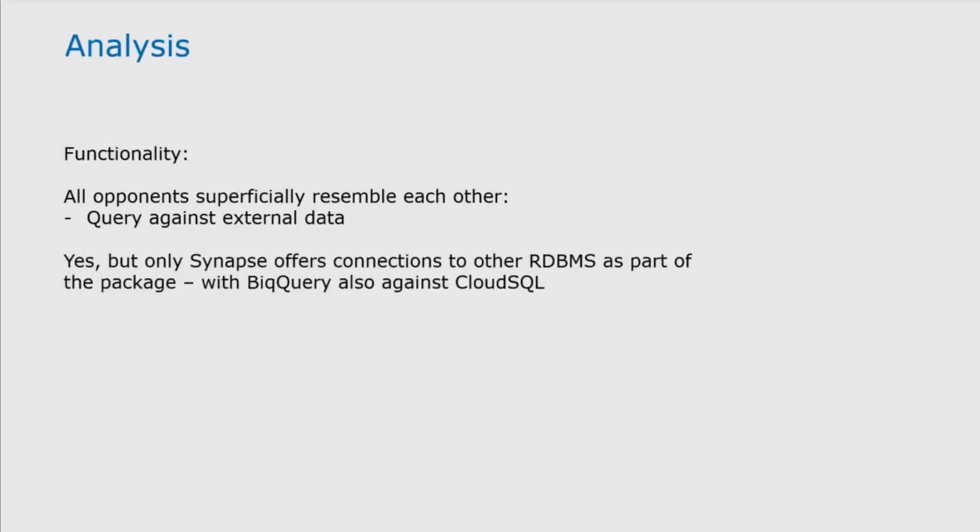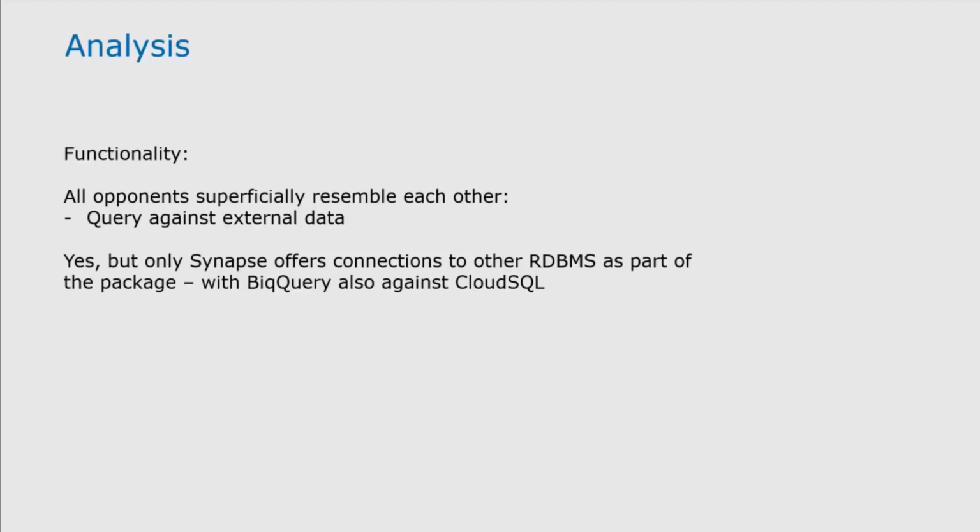But only Synapse offers connections to other relational database systems as part of the package. So Synapse offers, in addition to data lakes, SQL Server, MySQL, Teradata, Oracle, and a few others, which gives it a whole new option or a whole new functionality of the virtualization technology.